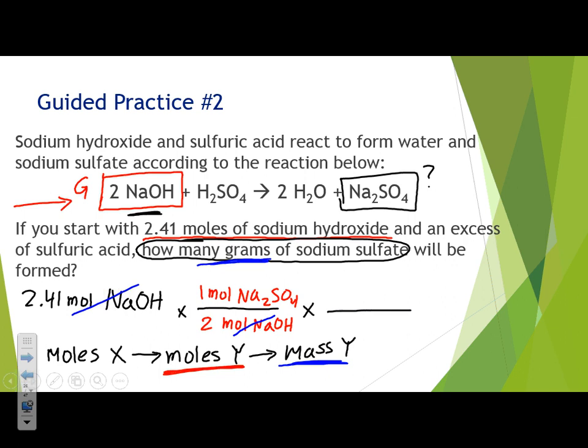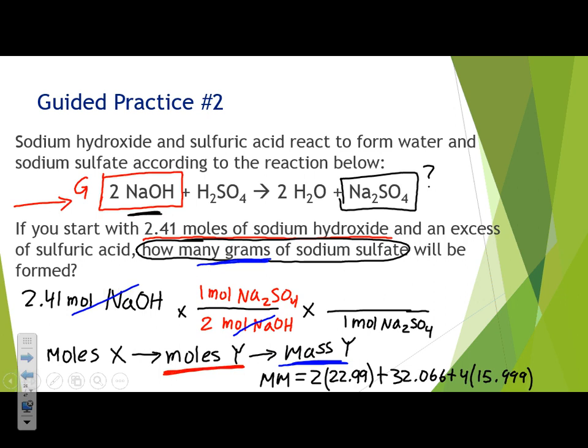We're going to make our next conversion factor. On the bottom, for every mole of sodium sulfate, now we need our molar mass. So our molar mass is going to be, including 2 sodiums at 22.99 plus sulfur at 32.066 plus 4 oxygens at 15.999.